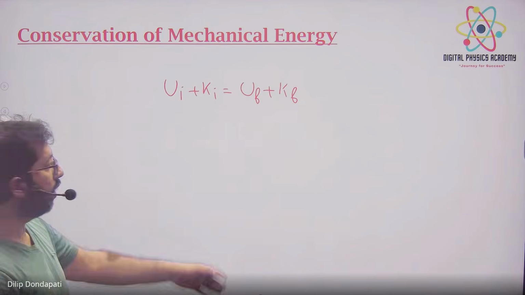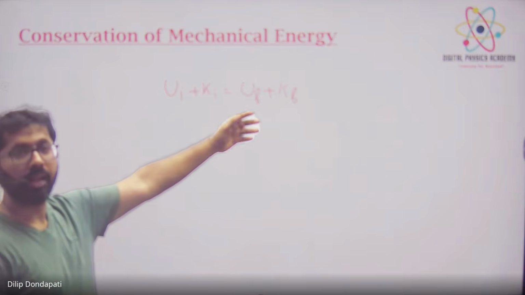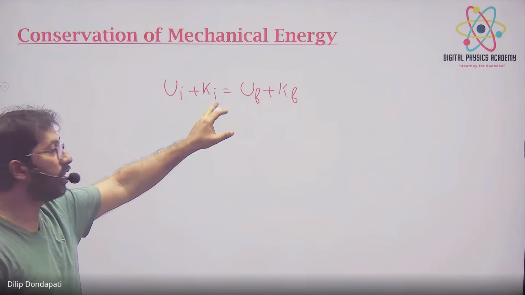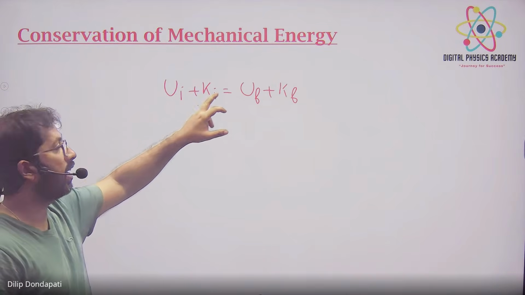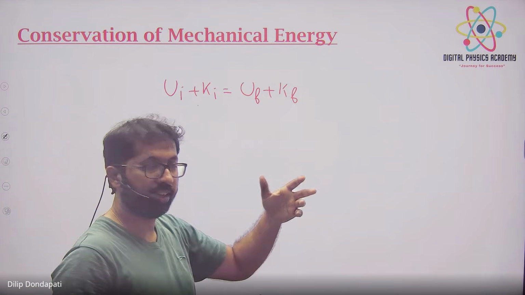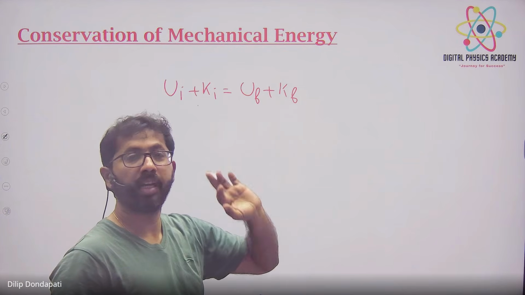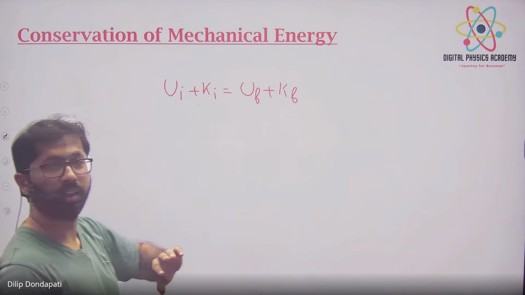Now initial potential energy, final kinetic energy, whatever you know, you substitute in the formula and get the answer. If the body is rotating, you have to use rotational kinetic energy. Until now we are talking about pure rotation. Ahead it will move forward and also rotate, so we have to use both. Net we have to find always.